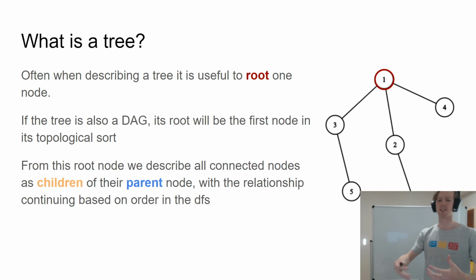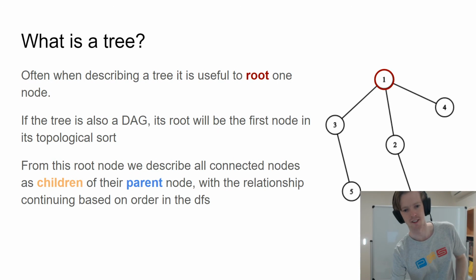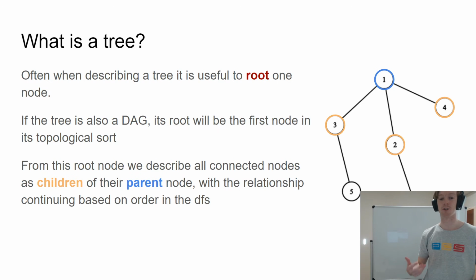Then as we progress down the tree in a BFS-like manner, or even in a DFS but with a different kind of meaning, we say that for every child node, there exists a parent node, except for at the root. So in this case, we'll label the root as the parent node, and nodes 2, 3, and 4 will be the children of that one parent node.